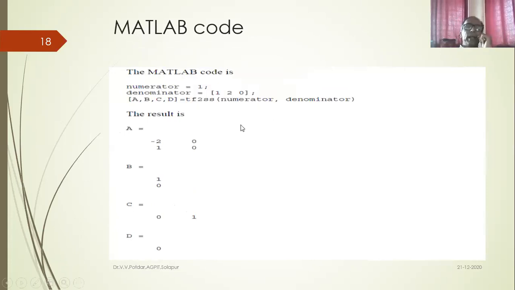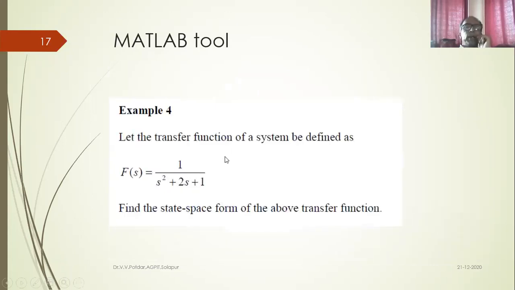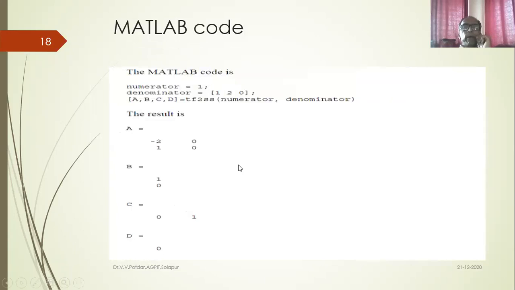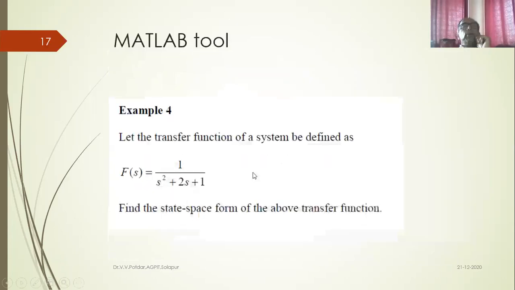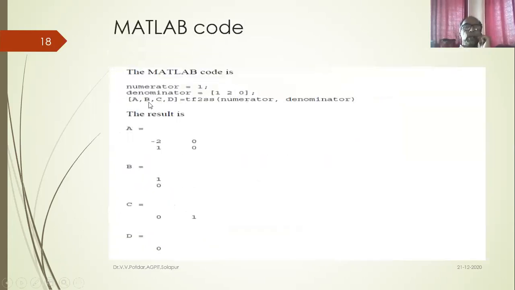I give the numerator values and the denominator values. In the numerator I have only 1, so the numerator value is 1, and the coefficients of the denominator are 1, 2, 1. So [A,B,C,D] equals tf2ss, the command in MATLAB for transfer function to state space, with the numerator and denominator in brackets.